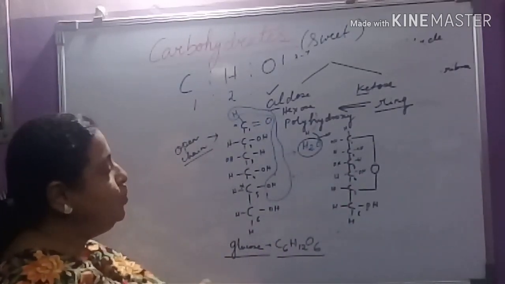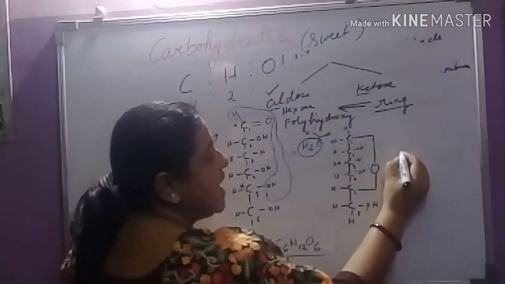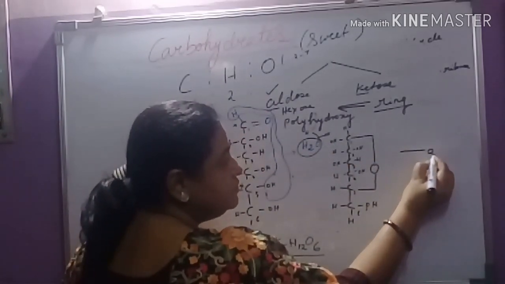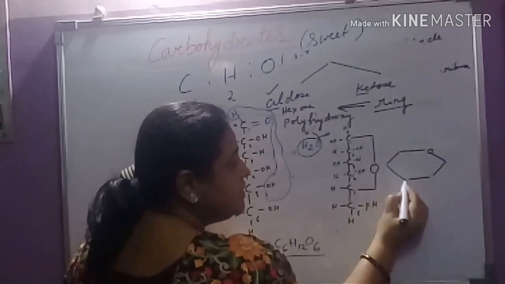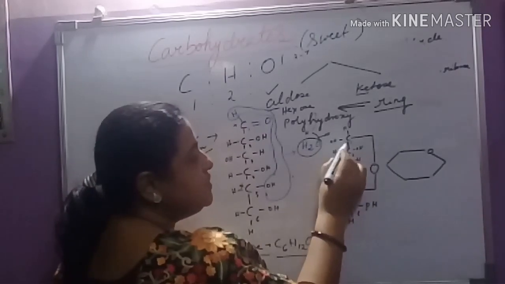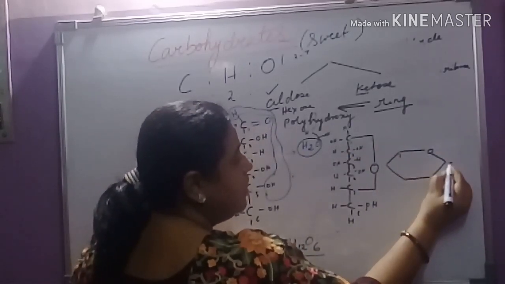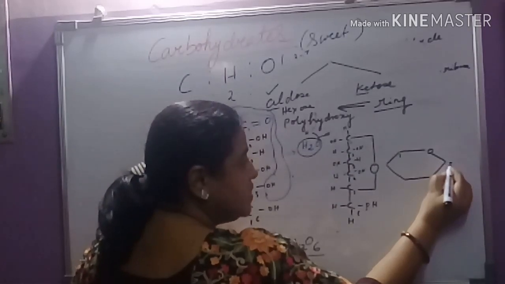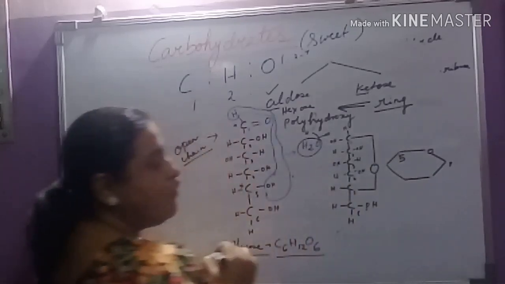If you want to draw the ring structure, you see there is an oxygen. I'm just drawing it like this. Oxygen is between carbon number 1 and carbon number 5. So this is carbon number 1 and this is carbon number 5.